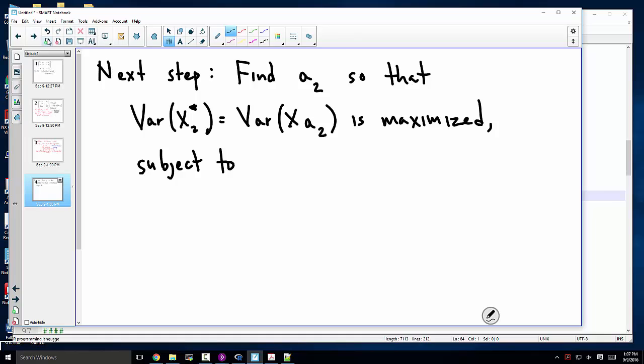But to make sure that this new variable tells us something new, we require a1 transpose a2 to be 0. All that means is a1 and a2 have to be perpendicular, orthogonal. That means the story that a1 tells us is uncorrelated with the story that a2 tells us.